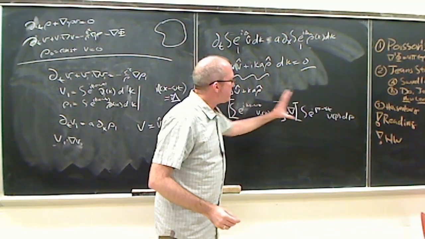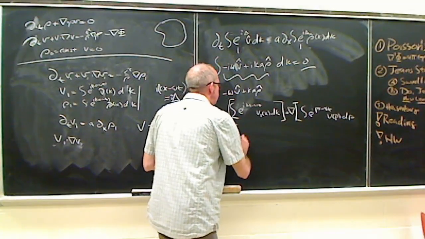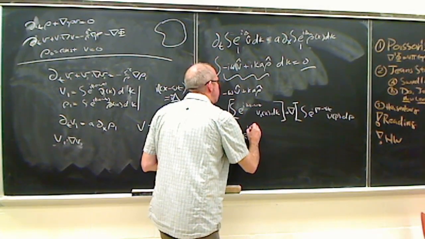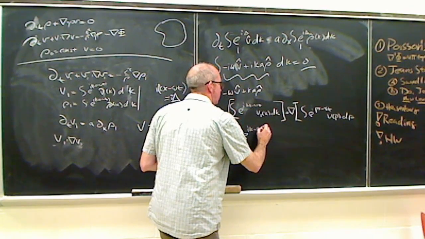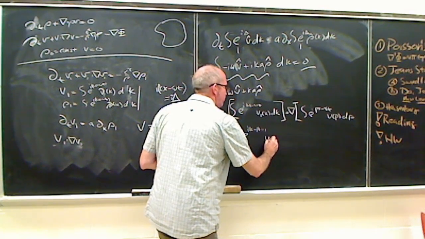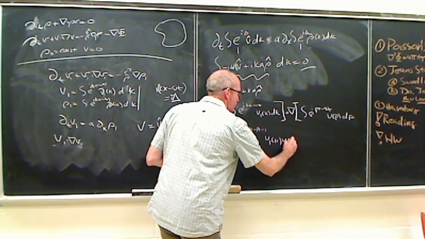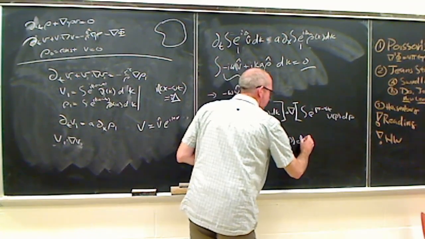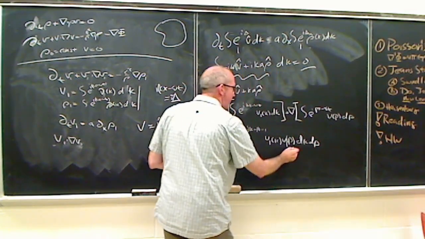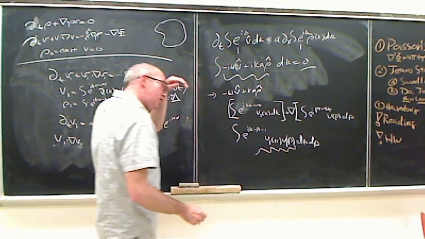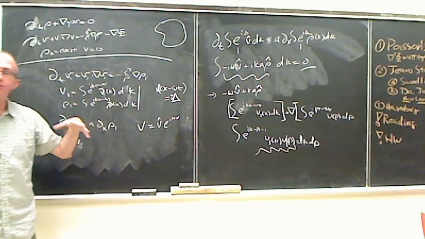So I shove all of this stuff into one integral again, and I'm left with the integral of e to the i(k minus p), and so on, and then a v1 of k, v1 of p, dk, dp, and I have this term that is the interaction between waves of different sizes.